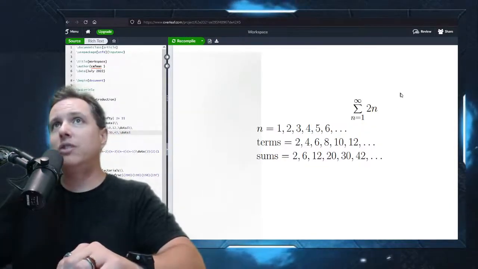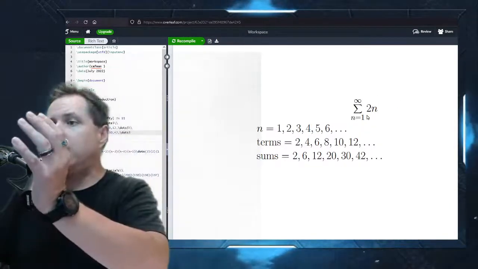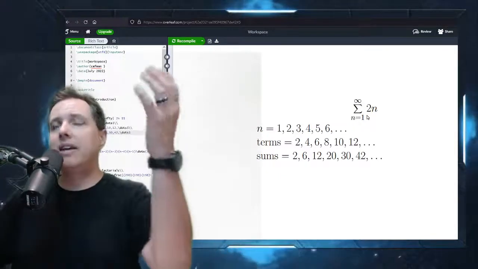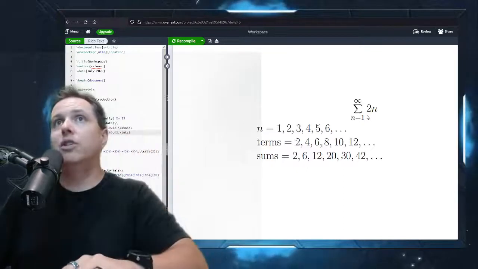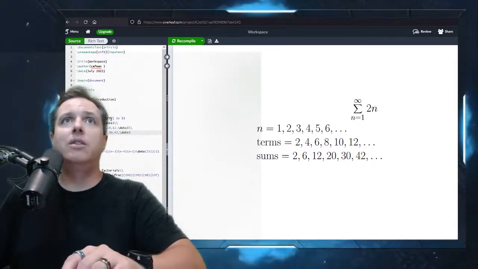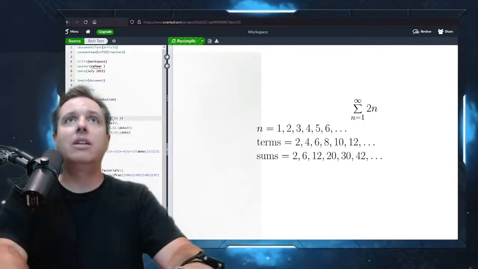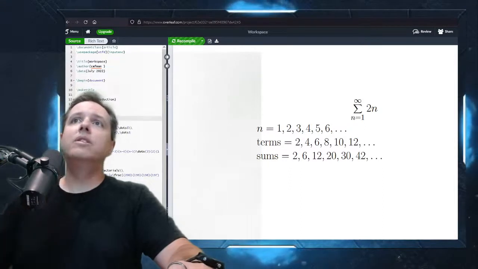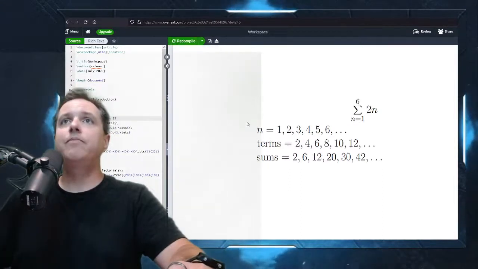When you're asked to simplify this, it's just whatever your end result is. It's some number that you're given at the end of the process, and it's the total of all the terms in your sequence. Okay, so we'll return to the infinite series in a minute, but let's simplify this down to 6, because I think that's actually what we have here.